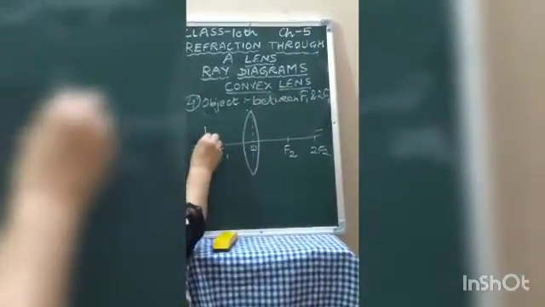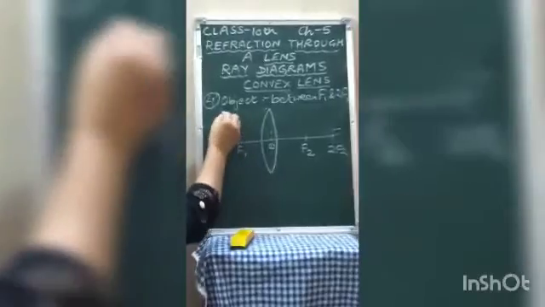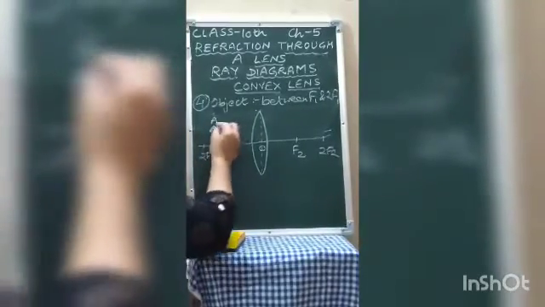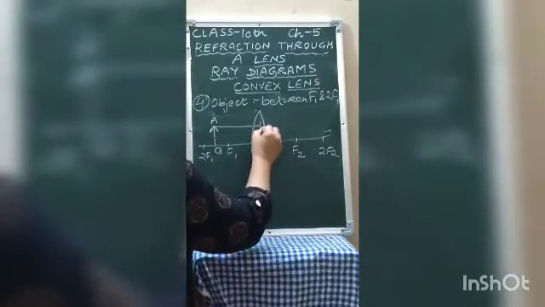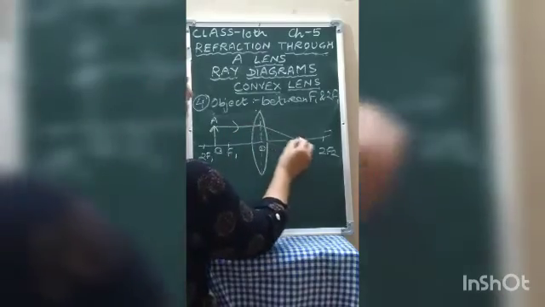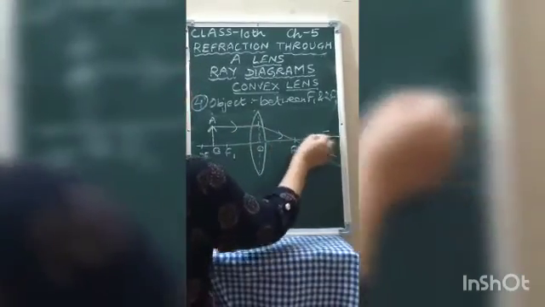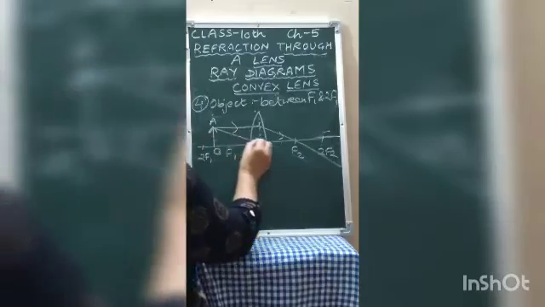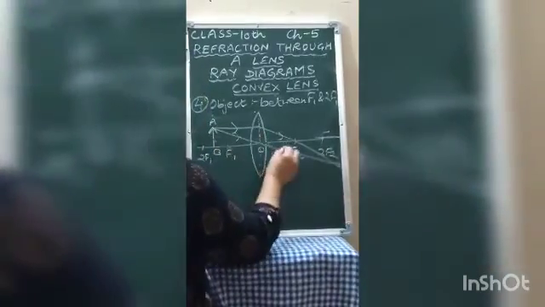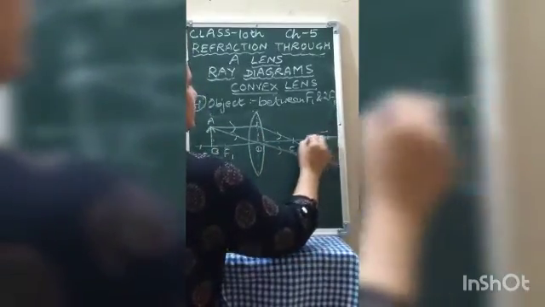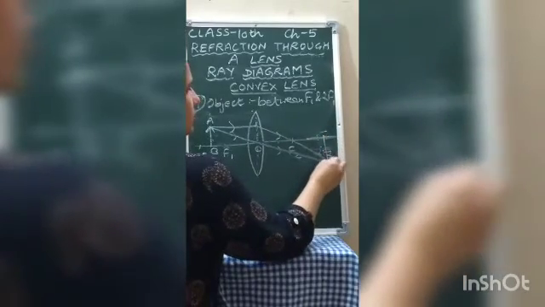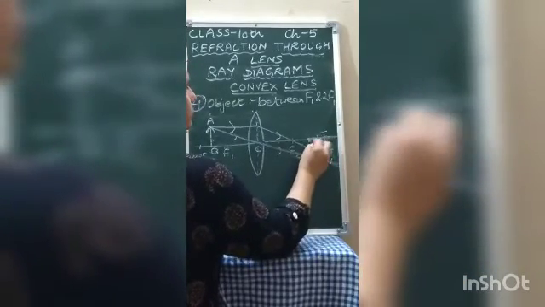The object is between 2F1 and F1, this is the object, ray parallel to the principal axis, touch the central line and passes through the focus. Another ray is passing through the optic center. So these two rays are meeting beyond 2F2.